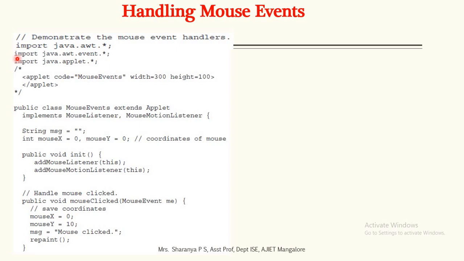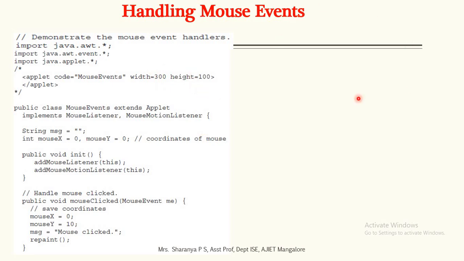First, we are importing the basic packages java.awt, and java.awt.event is most required here, since we are working with events. And this is the code responsible for defining the width and the height of the applet.